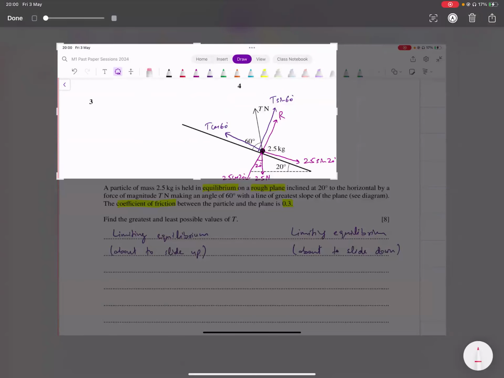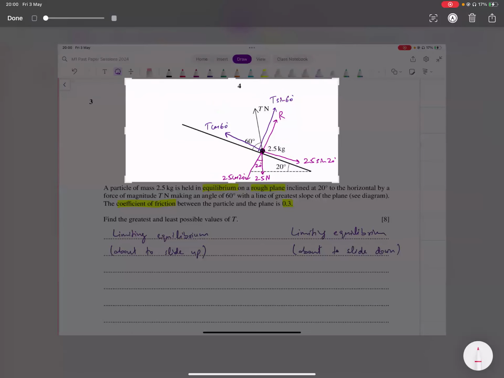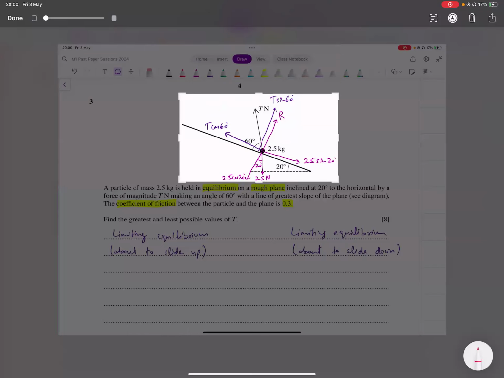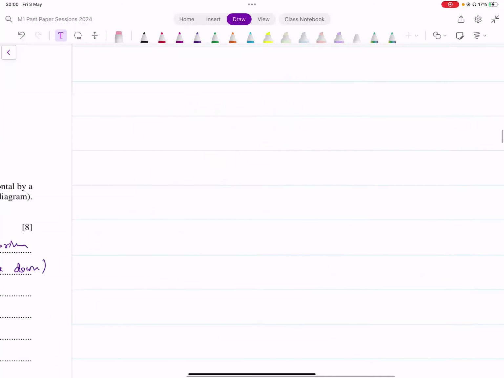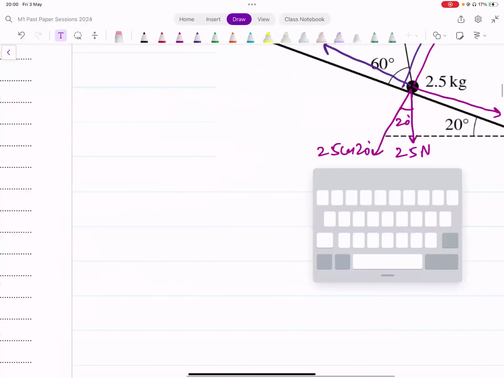What I'm going to do for that is copy this diagram because everything will remain the same. In both of these cases, there's going to be just one difference, and I'll show you what in a moment.